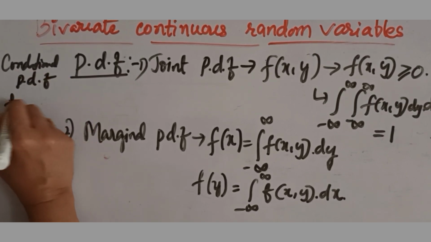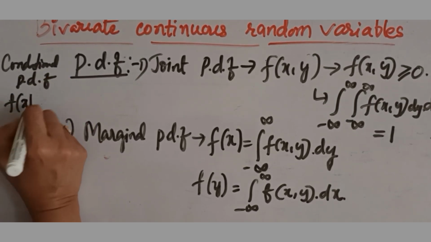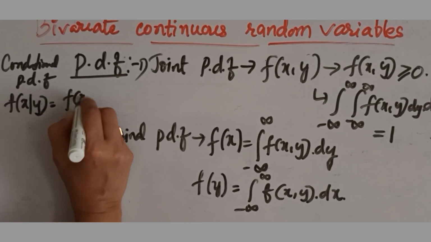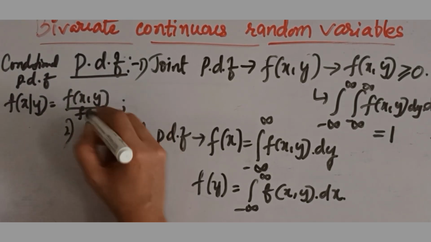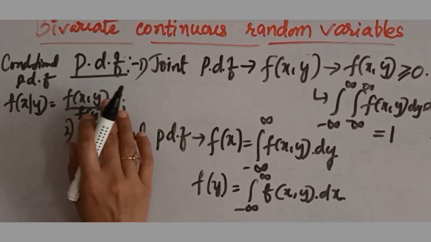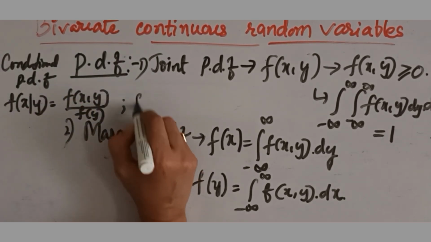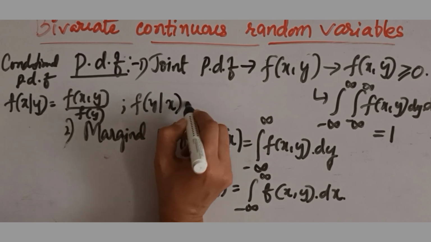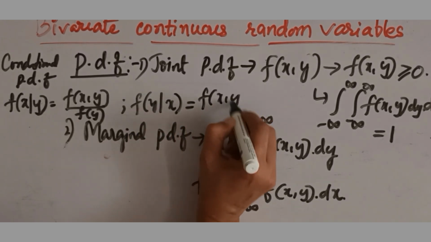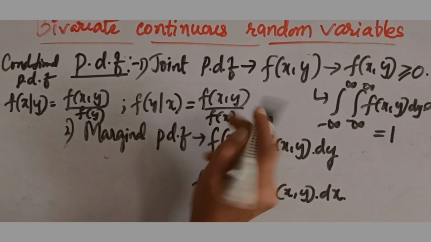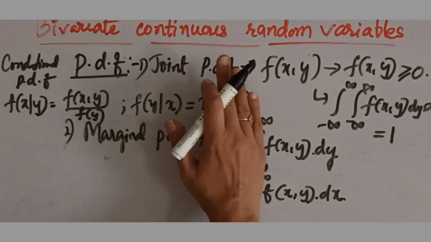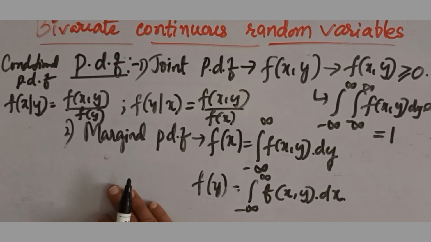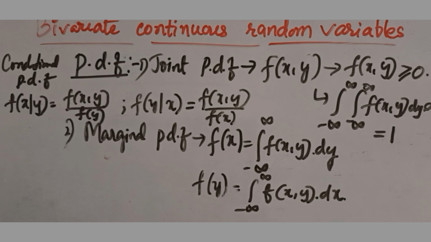The first one is f of x given y equal to y, which is f of x comma y divided by f of y, and another is the conditional density function of y given that x equal to x, which is equal to f of x comma y divided by f of x, provided f of y and f of x both are positive. So this is how we define the density functions for bivariate continuous random variables.